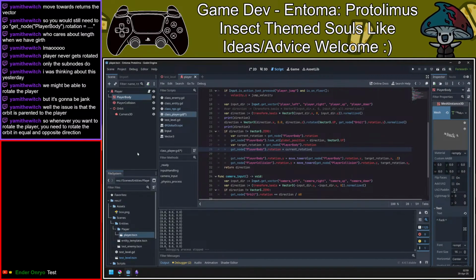Whenever you want to rotate the player, you need to rotate the orbit in equal and opposite direction. Well, I mean, you could fix that by potentially using more jank.